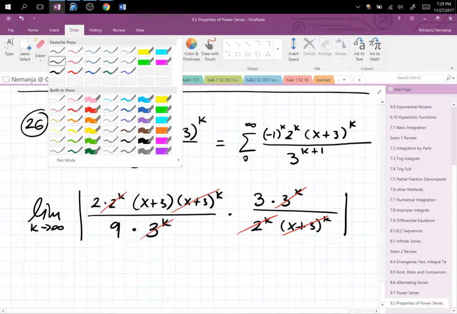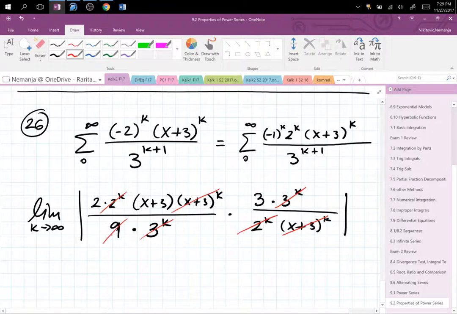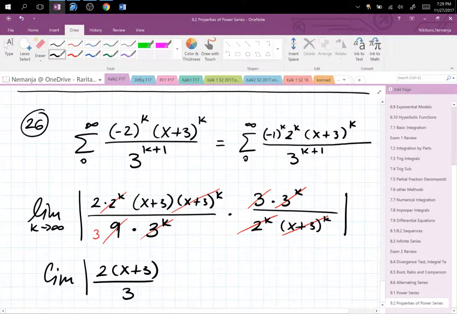So what do we have left? The limit of 2x plus 3 divided by 3k plus 3 as k goes to infinity.